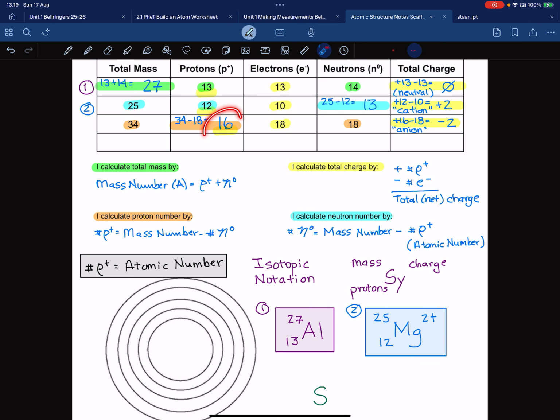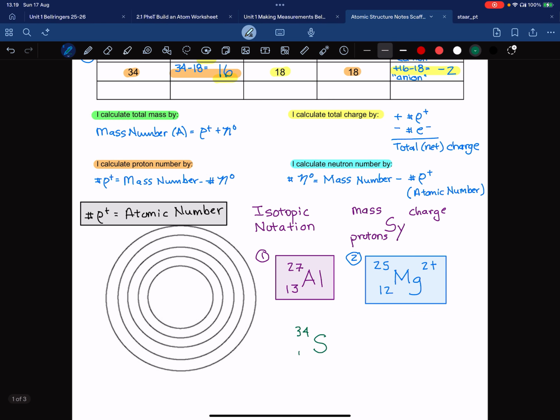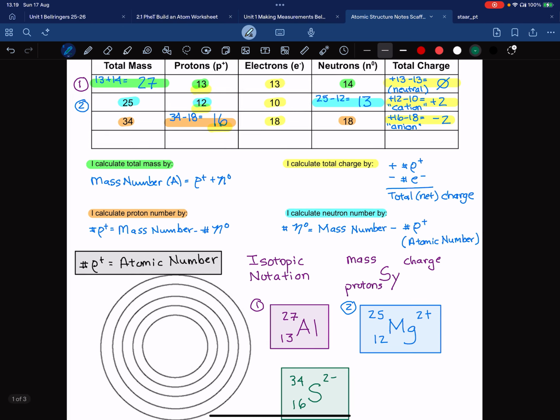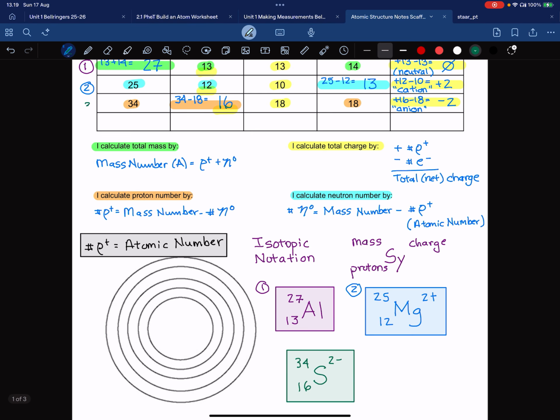Now, the mass was 34, so I'm going to put a 34 on the upper left. The protons was 16, I'm going to put a 16 on the lower left, and the charge was negative 2, so I'm going to put a 2 negative right there. That is my isotopic symbol for the anion of sulfur.